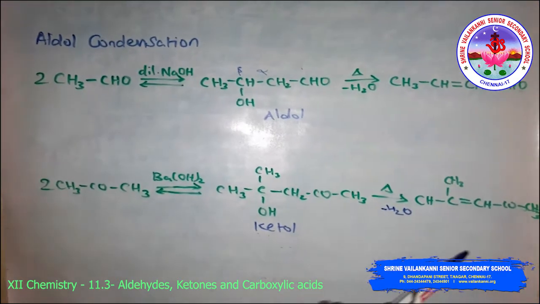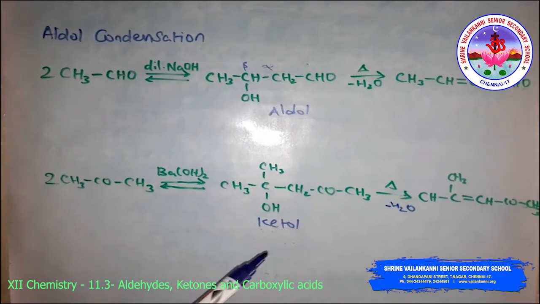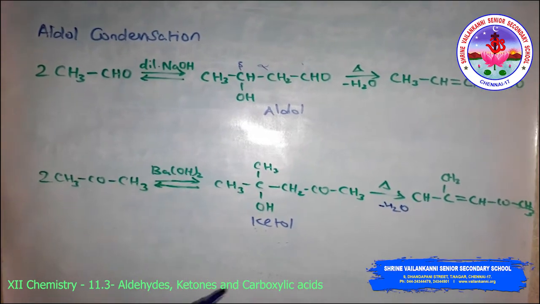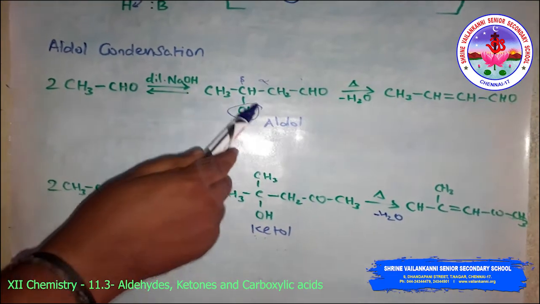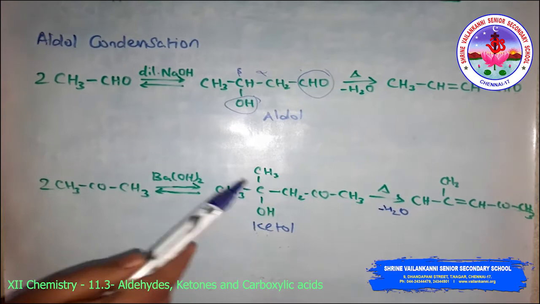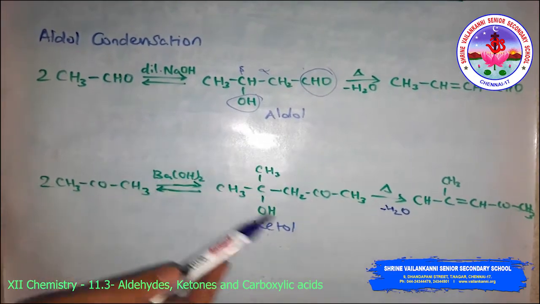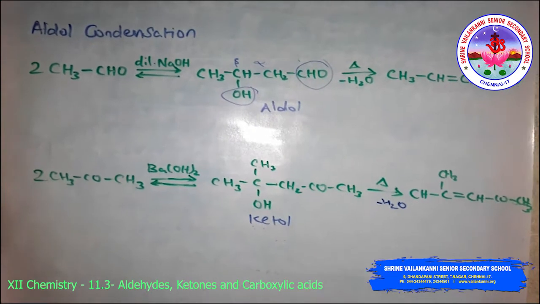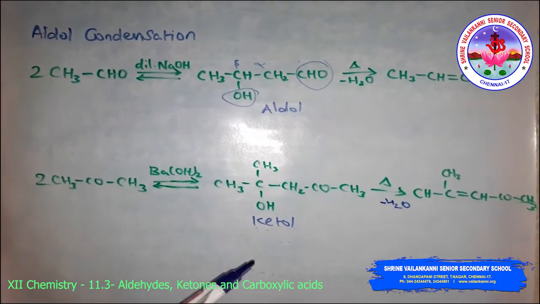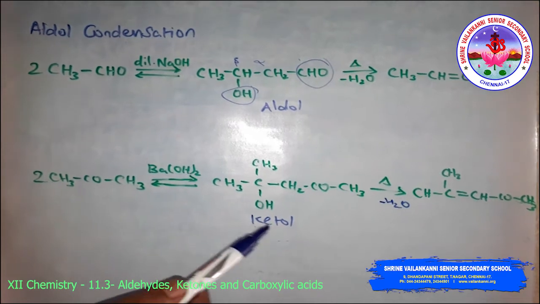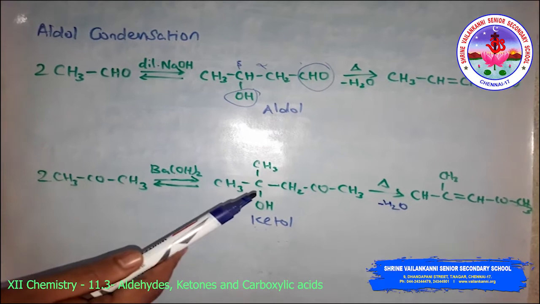3-en-2-one. So the name aldol is derived from the two functional groups, that is aldehyde and alcohol. Here look at this, one alcohol, one aldehyde, that's why they are aldol. In the products, the aldols and ketols readily lose water to give alpha beta unsaturated carbonyl compounds, which are aldol condensation products, and the reaction is called aldol condensation reaction.